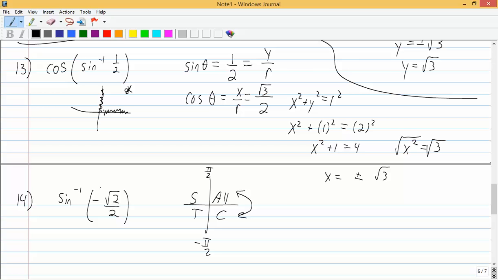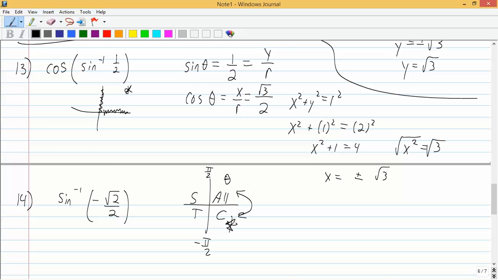To find the inverse of a negative, we know that it's going to be down here in the fourth quadrant. But we want to write it as a negative angle measure. So the trick we can use with inverse sine and inverse tangent is that if we figure out the one from the first quadrant, then we can put a negative in front of it, and that'll put it in the fourth quadrant the way that we want it.